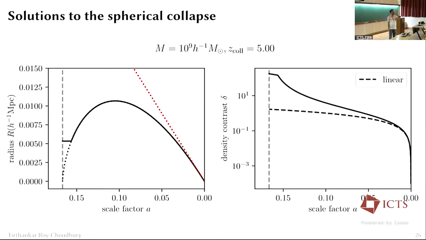Suppose I don't worry about the equations of spherical collapse, but just solve using linear theory, then I will get this. You see at early times, linear theory is a good description of the density contrast, as expected, because the density contrasts are small, less than 1. But at some point, the true density contrast becomes larger than the one predicted by linear theory.